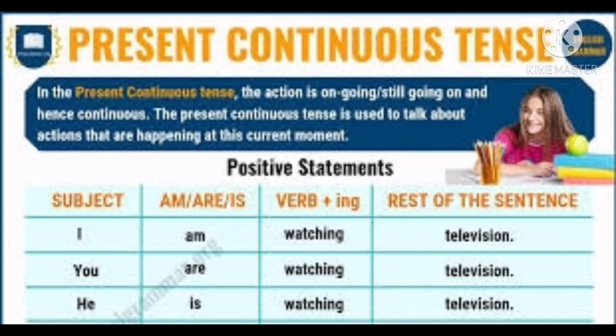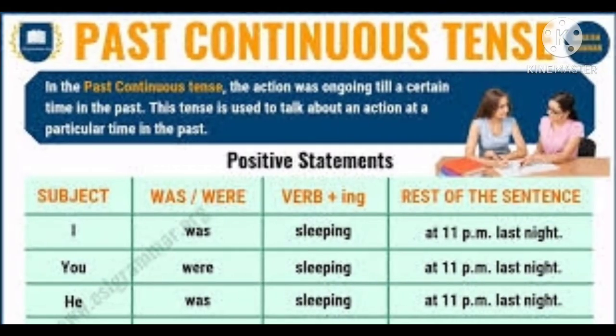Now, next is past continuous tense. Past continuous tense means that an action was continuously going on in the past time. For making past continuous tense, we will use was, were plus verb ing form and then the rest of the sentence.